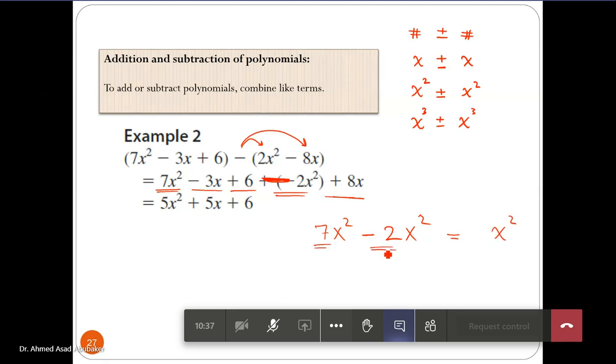The number 7 minus 2 gives 5, so 5x square. Now we also have two terms with x: coefficient negative 3 with coefficient plus 8, so we have 5x, because negative 3 plus 8 equals 5. And the only number is 6, we don't have any other number, so put the 6 as it is. Okay.